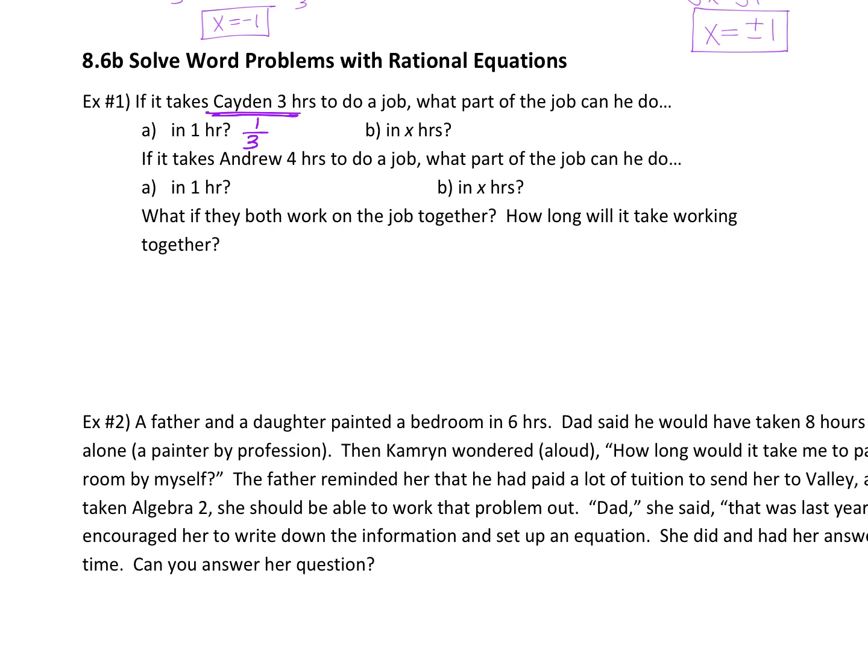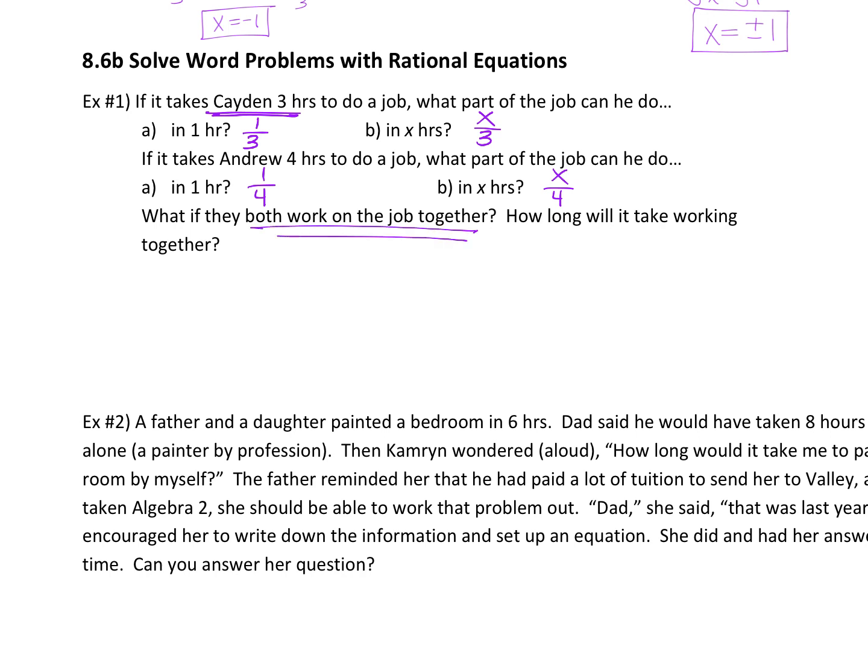So X hours, what's that going to be? X divided by 3. X over 3. Okay. If it takes Andrew 4 hours to do a job, what part can he do in 1 hour? 1/4. So what part can he do in X hours? X over 4.